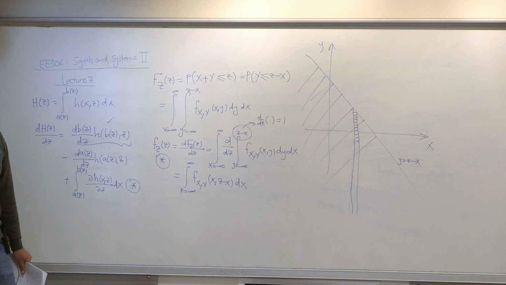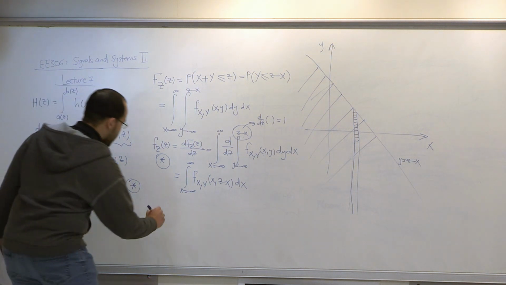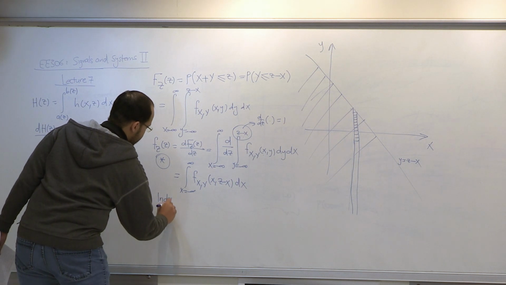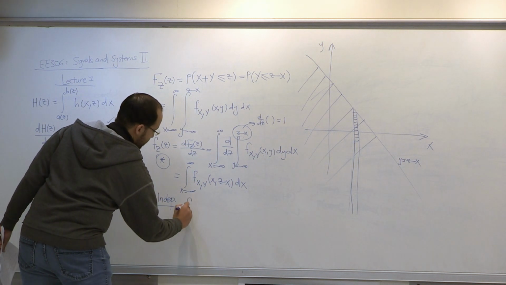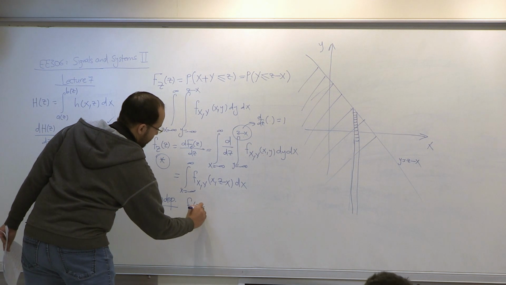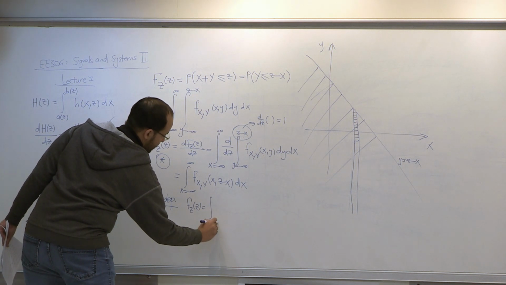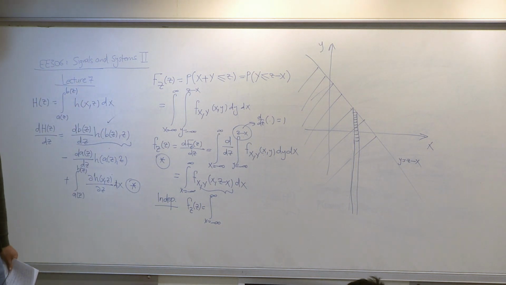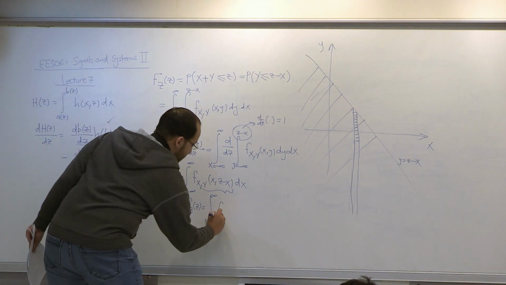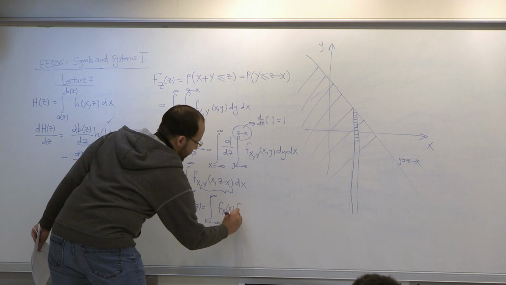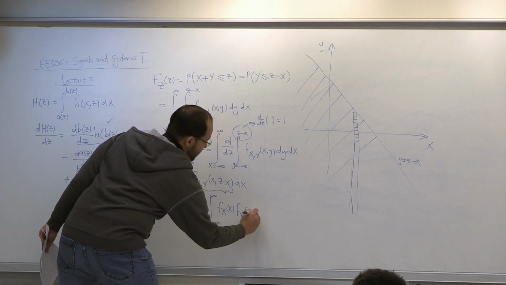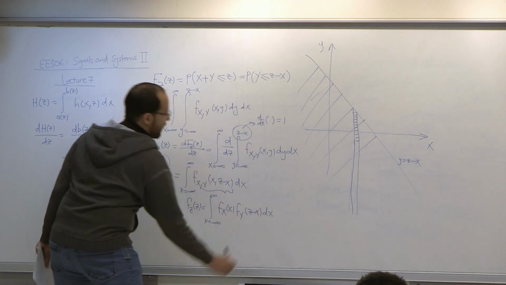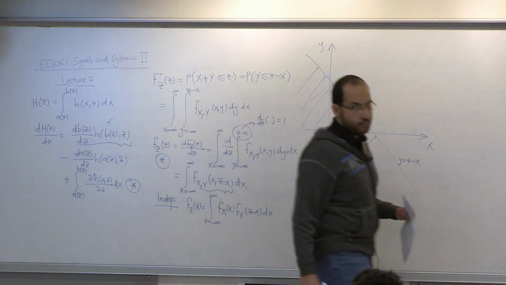All right? One little thing is remaining. What if they are independent? This is like the easiest step. In that case, what will happen? What will happen to this? Exactly, this becomes a multiplication, and it is fx of x, fy of z minus x dx, and the convolution emerges.